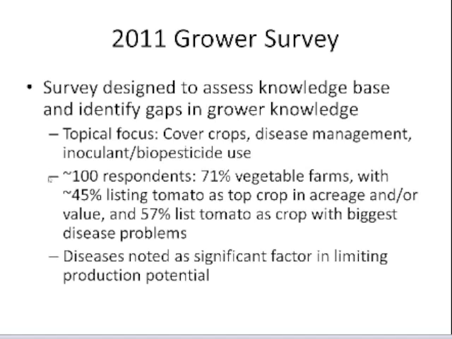We got 100 respondents from 6 different states. Most of those were vegetable farmers, and most of those listed tomato as their crop with the biggest disease problems. So the focus of our field research then was on tomato diseases and how they respond to different cover crops. In the survey, diseases were noted as a significant factor limiting production potential on these farms.